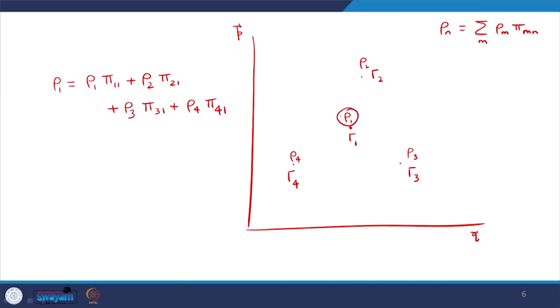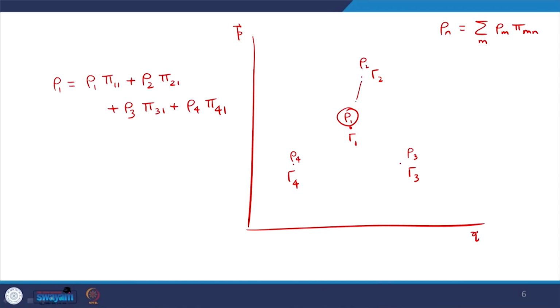It is some kind of a material balance that we can think of as chemical engineers. So, if we are here, either we were here in the last step, or we came from here, or we came from here, or we came from here, right.